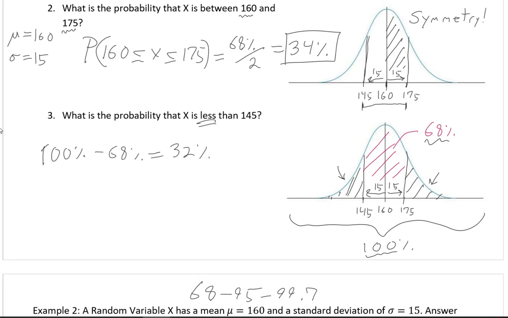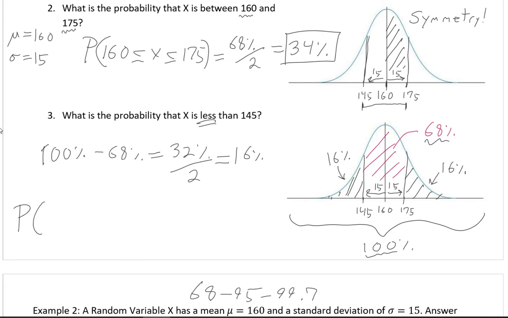That means this left tail is equal to the right tail. Since they're equal, I can cut this 32% in half to find how much is in each of them. 32% cut in half is 16%, meaning that this left tail has 16% and this right tail has 16%. That way 16, 68, and 16 all add up to 100%.